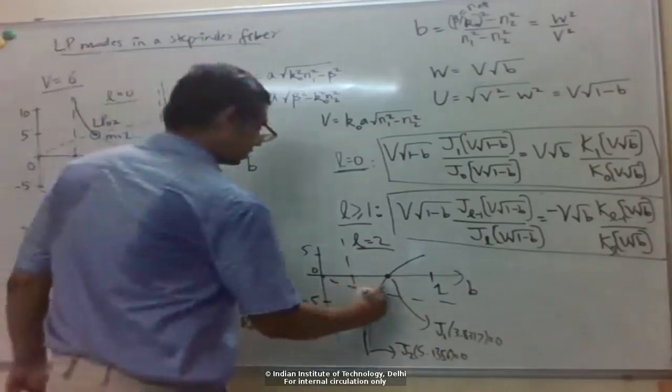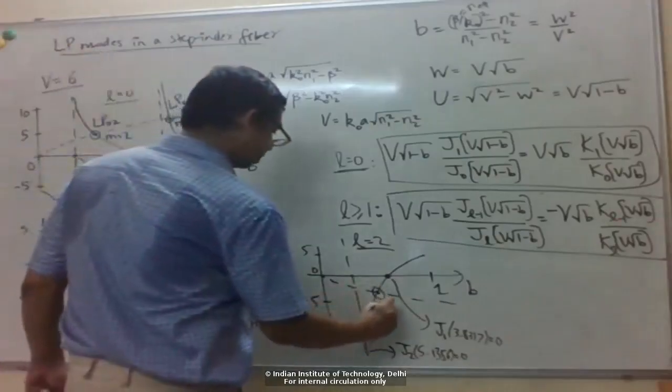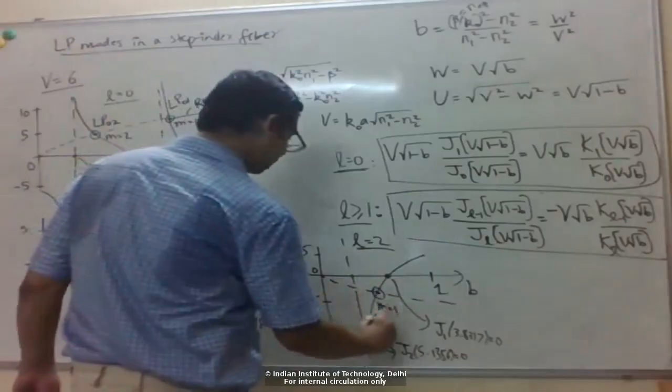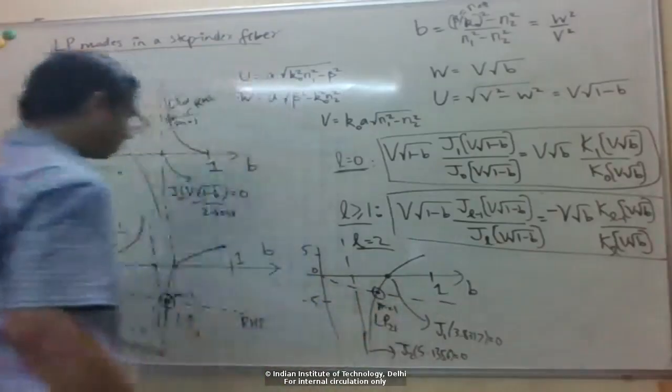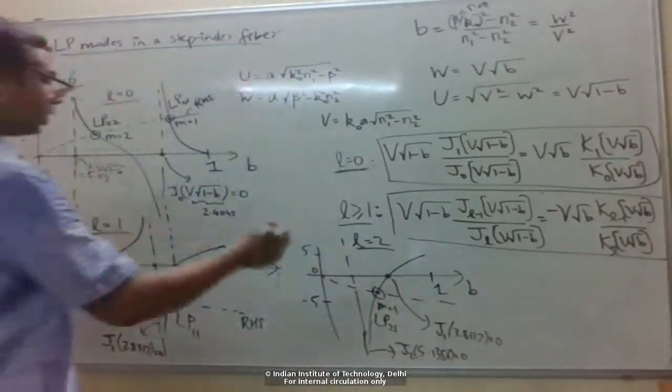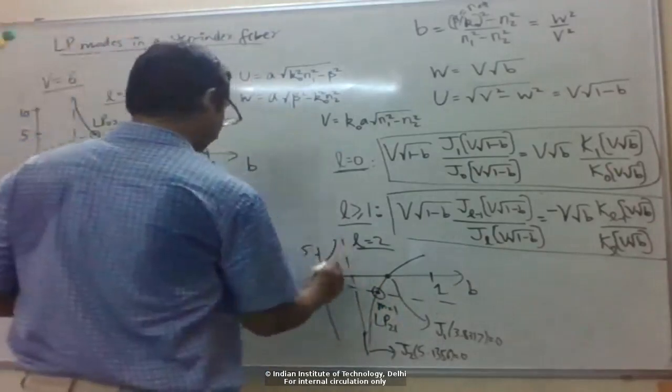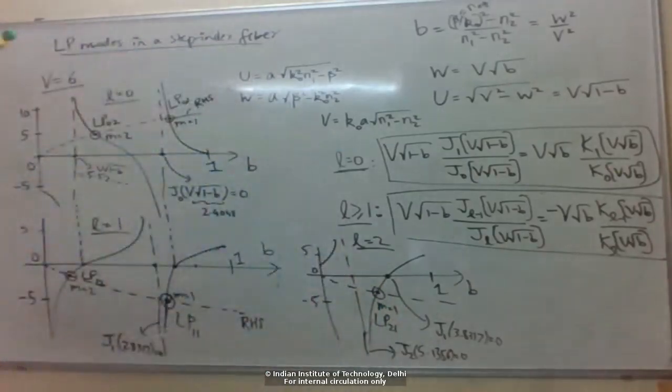Right, again before that there's an intersection here. So that's m equal to 1. So this is LP21. Right, and that's the only intersection for L equal to 2.